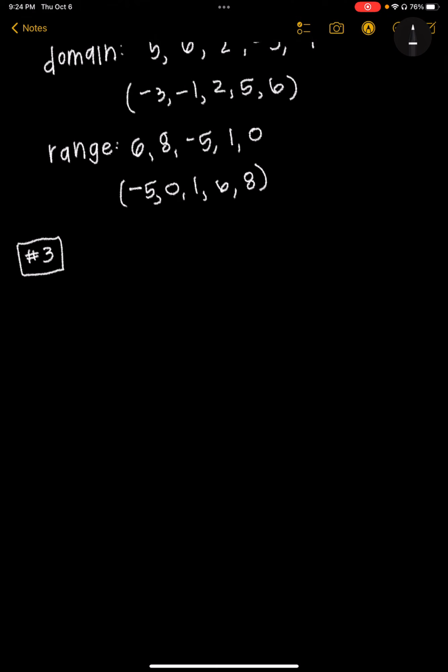So it's a graph. Okay, so here's our graph, and we want to find the domain and range.